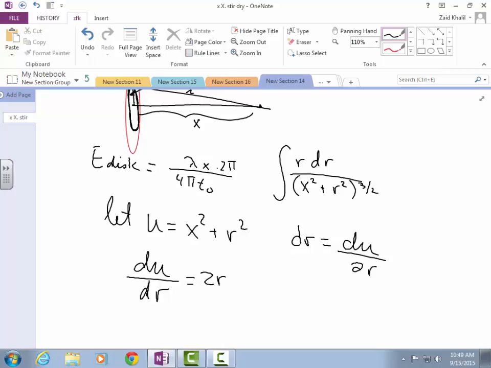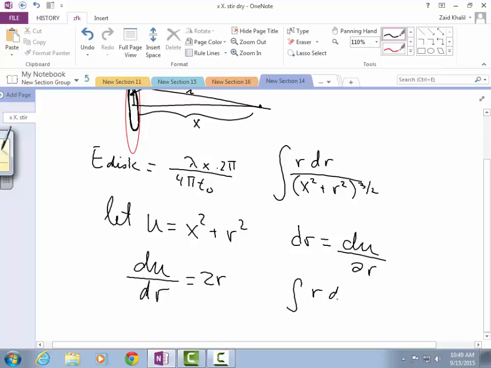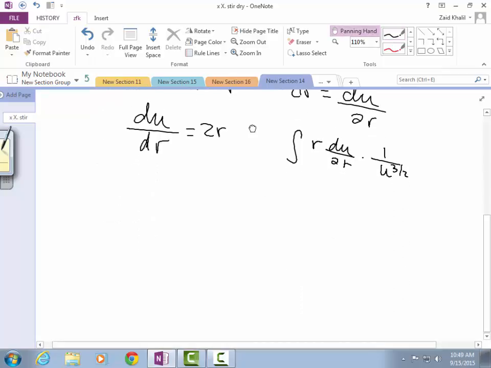And so what do we have here? So we have the integral of r dr. So we have r, and dr is du over 2r times 1 over u to the 3/2. And so this becomes 1/2 times the integral of u to the negative 3/2 du.